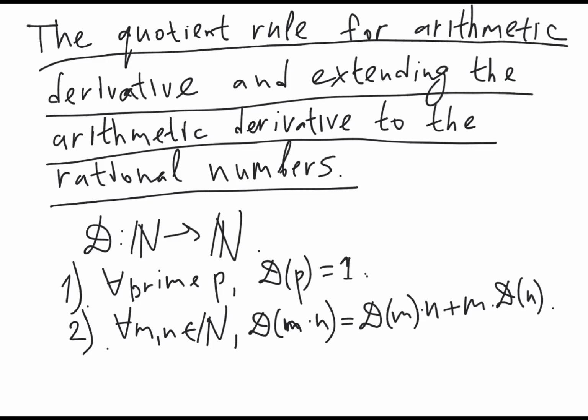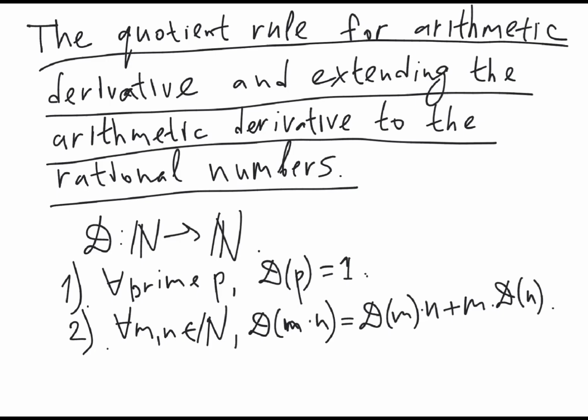In one of the previous videos I showed that this arithmetic derivative can be extended from natural numbers to all integer numbers, so basically to 0 and to negative numbers.